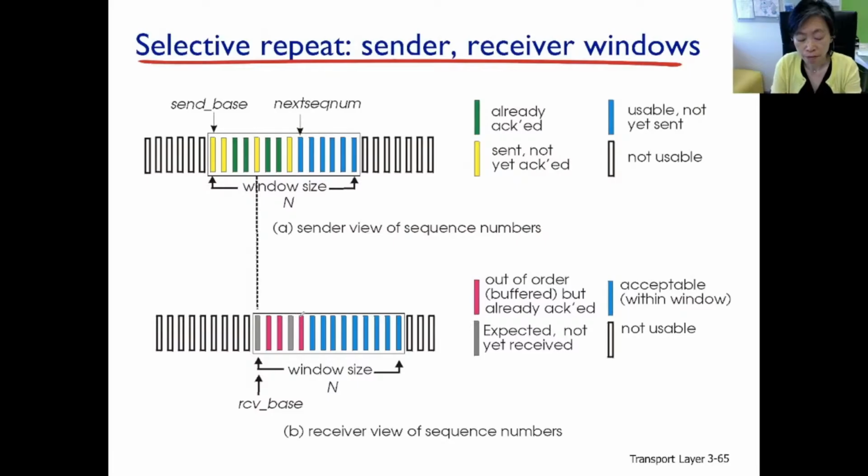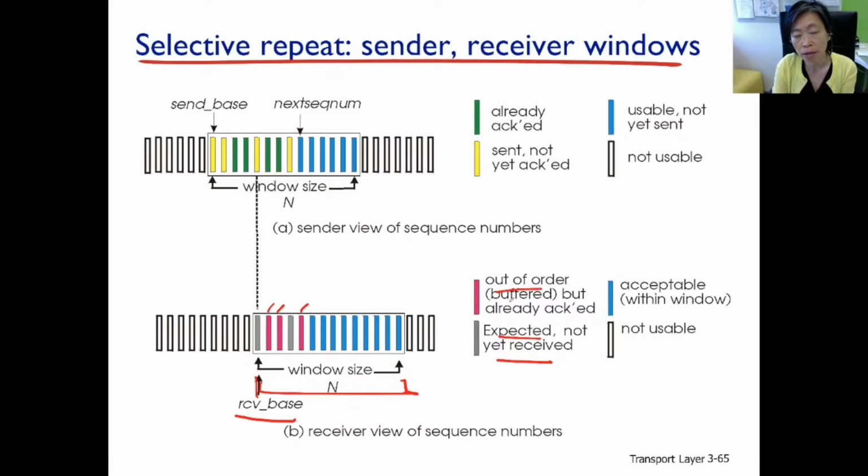And the receiver of selective repeat is, as we talked about, more complicated. It also maintains a certain data structure, tracking the status of these packets. So we also have a window size here at the receiver. The base is now called the receive base. So the receive base is always pointing at the first packet expected but not yet received. And there could be a number of these pink packets around.